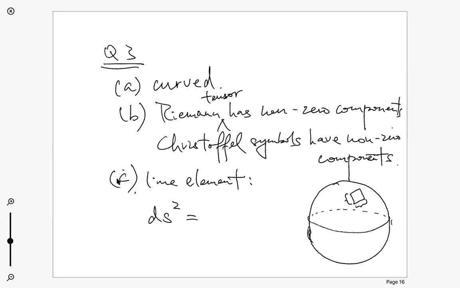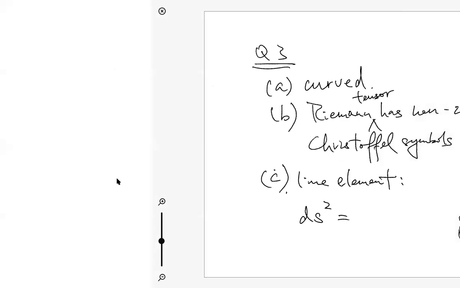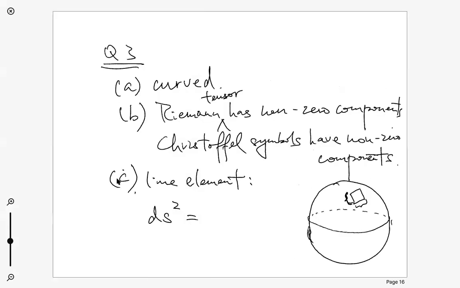Can anybody quickly tell me what is this part? This distance? Chuck Singh said a d theta squared. Right. Chuck Singh is correct. It should be something like this.